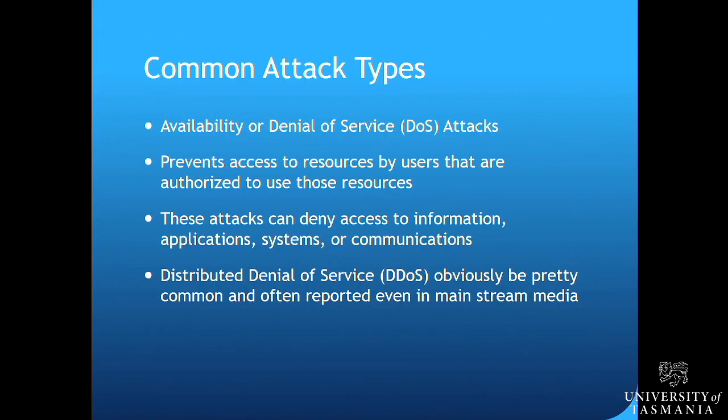But the record was surpassed last week against GitHub. GitHub, a very common collaboration tool for sharing code, had a denial of service attack last Wednesday, Thursday, depending on where you are in the world at the time. And yeah, 1.3 terabytes per second, which is a lot of data.